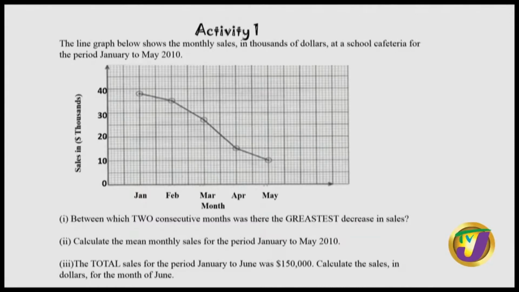Yes, between March and April. And if we should actually find the gradient of that, obviously the gradient is going to be negative, based on the slope of the line, which really depicts a decrease. So the gradient in this case would be negative 2.5 over 2, right? It would be negative 5 quarters. So in this period, we'll have the greatest decrease.